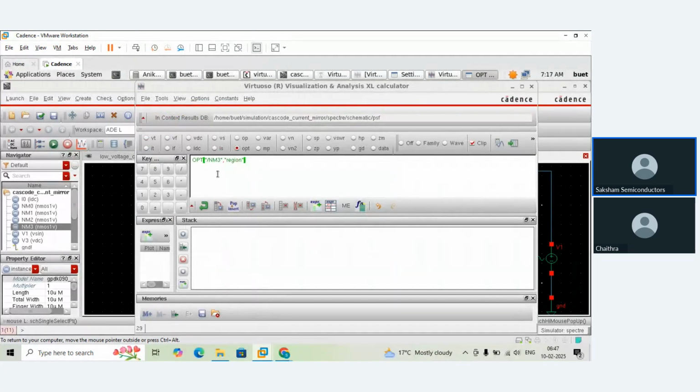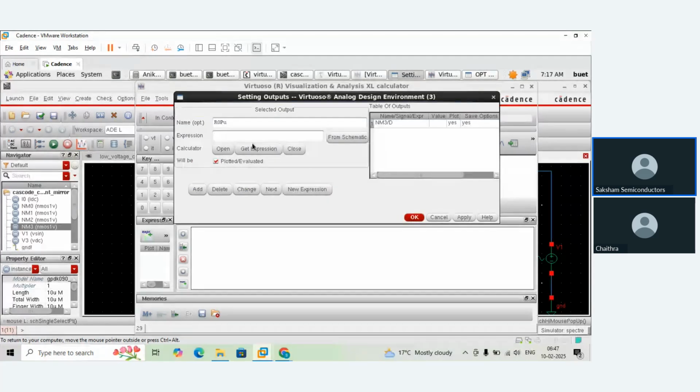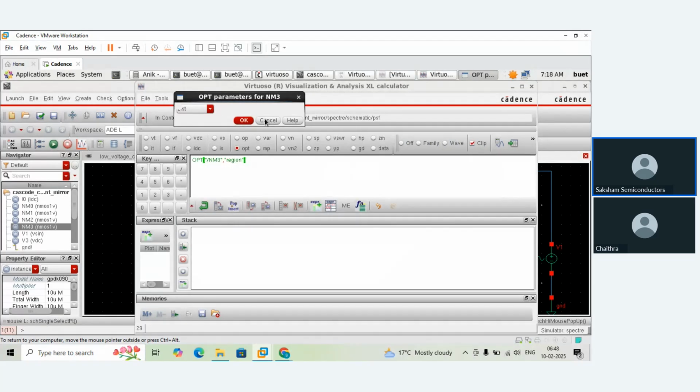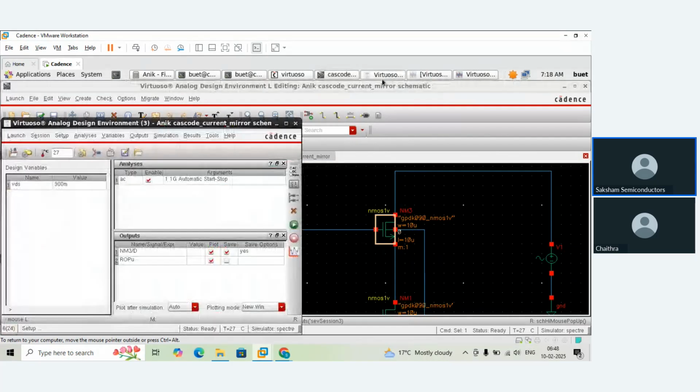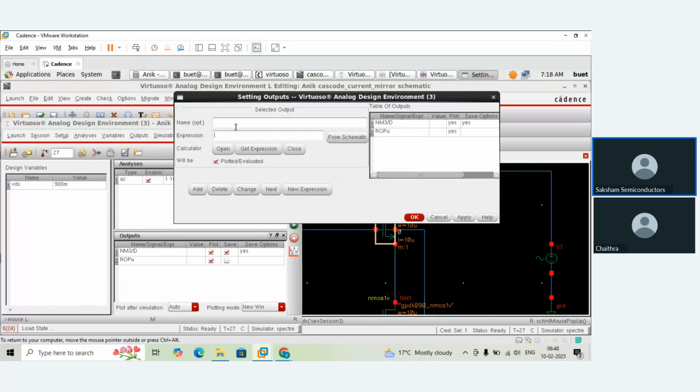Region is here. Go to the setting, say get expression, and add it, then okay. When I do this, you see ROP is being added, and we have done this in the current mirror concept as well. Let us do the same thing for RON.